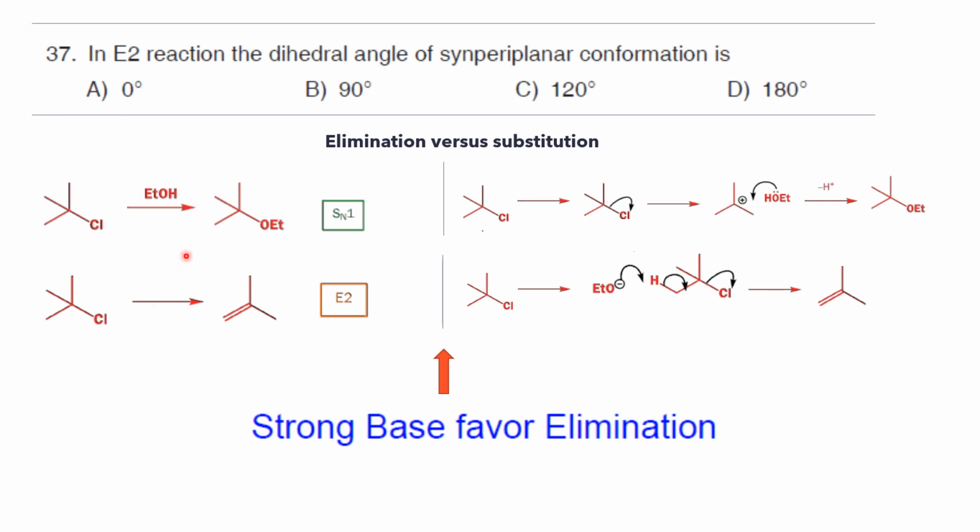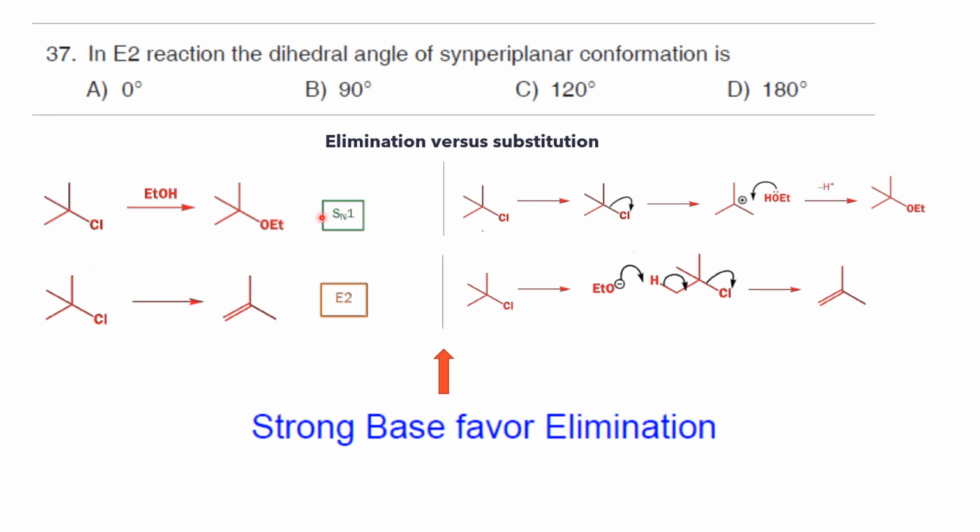I think you are familiar with the substitution reaction, because in the previous video we had a discussion regarding the same. So this is in particular the SN1 reaction. You have a tertiary halide, and that will react with a nucleophile, in particular ethanol, which can give a potential ethoxide as the nucleophile, and that will undergo substitution.